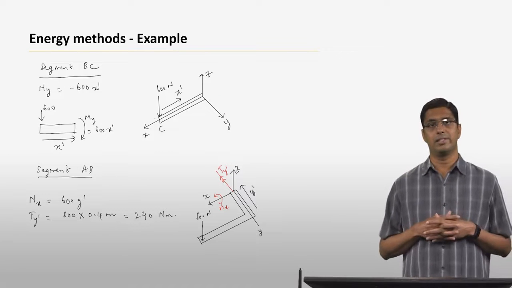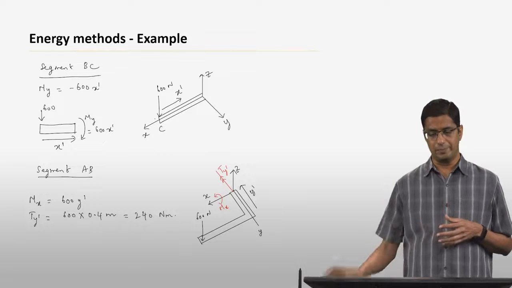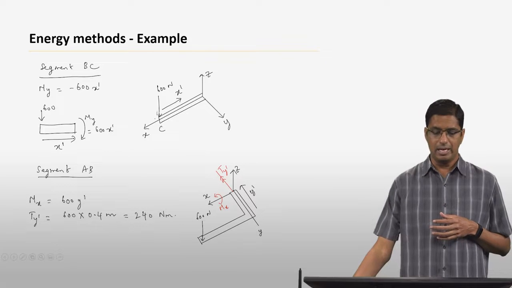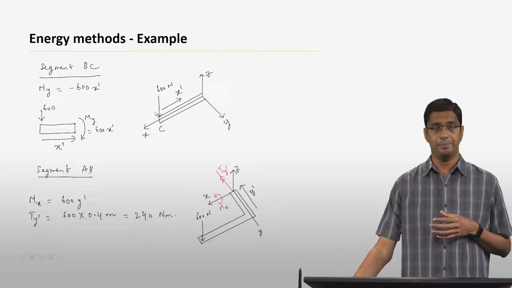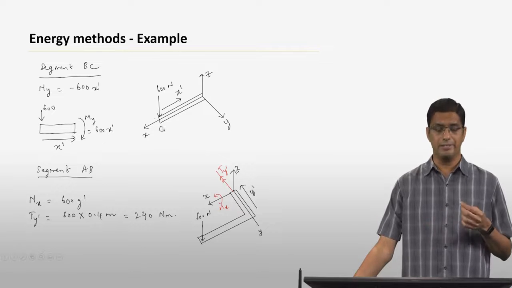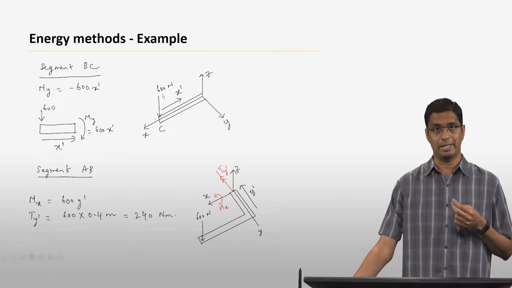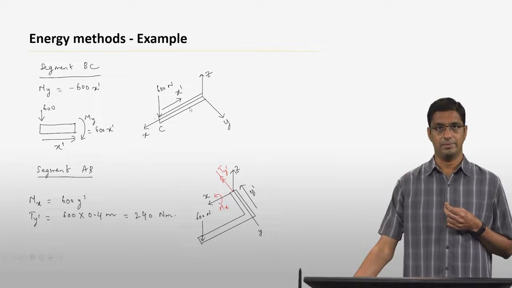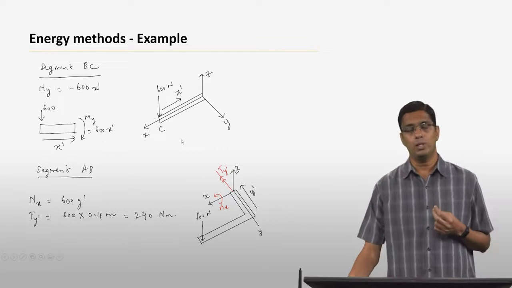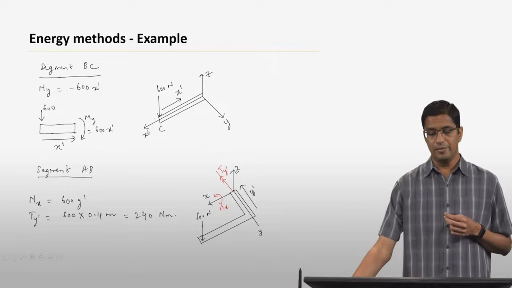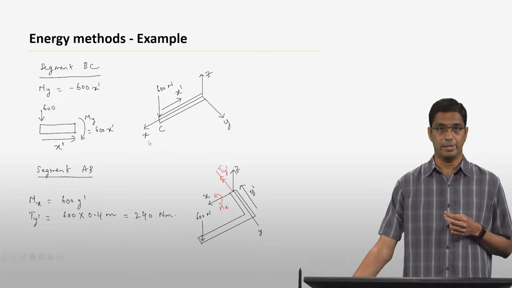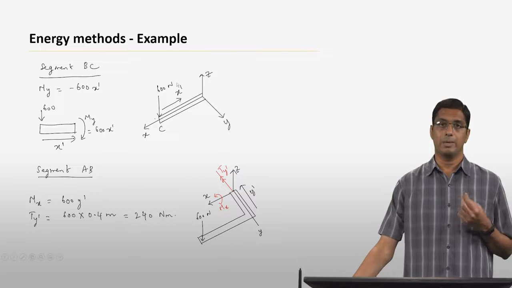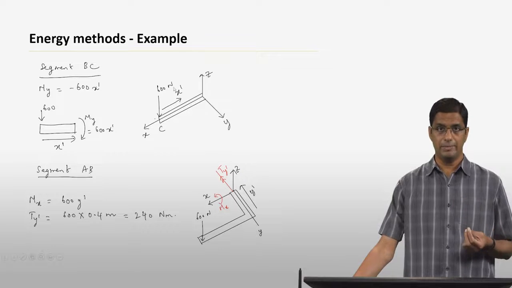Let's first look at the segment BC. What I have done here is isolate this segment, and this is point C where the force of 600 newtons is being applied, and the coordinate system is given like that. Instead of using x as my coordinate, I am using a new coordinate x prime which goes in the opposite direction of x.